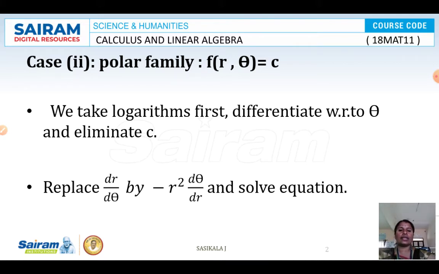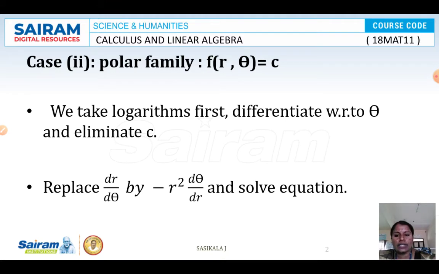You can separate the constant given in the question, and when you differentiate it automatically goes to 0. For that reason we take a log first, and then replace dr by d theta with minus r square d theta by dr.